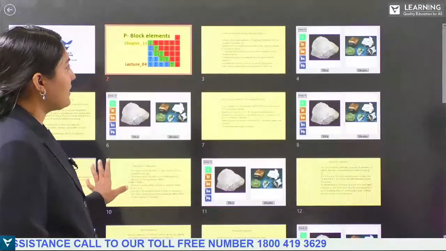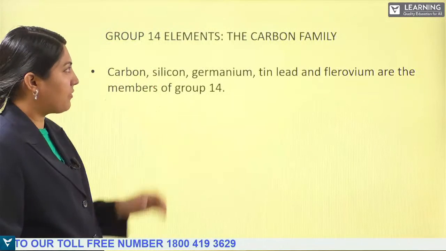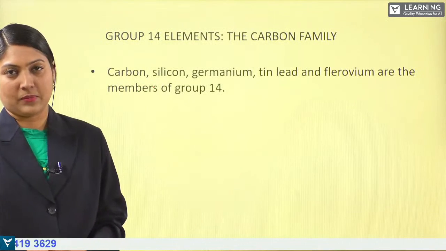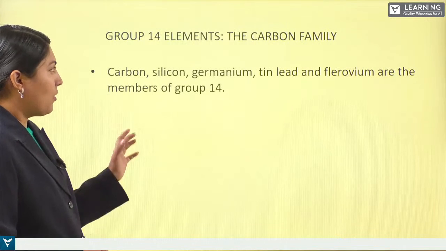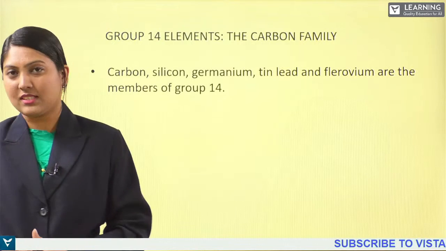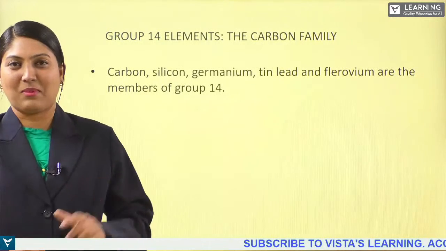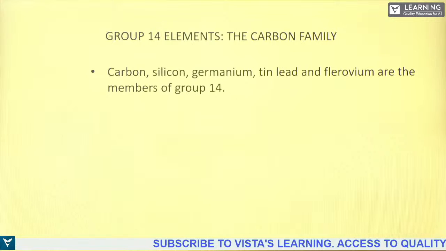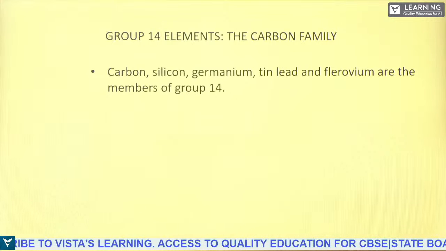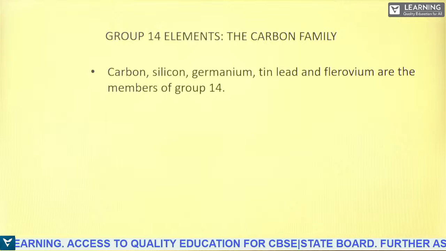Now we can see here the carbon family, the introduction of 14th group elements, right? So what can you say about this carbon family? You just have a remembrance of this.